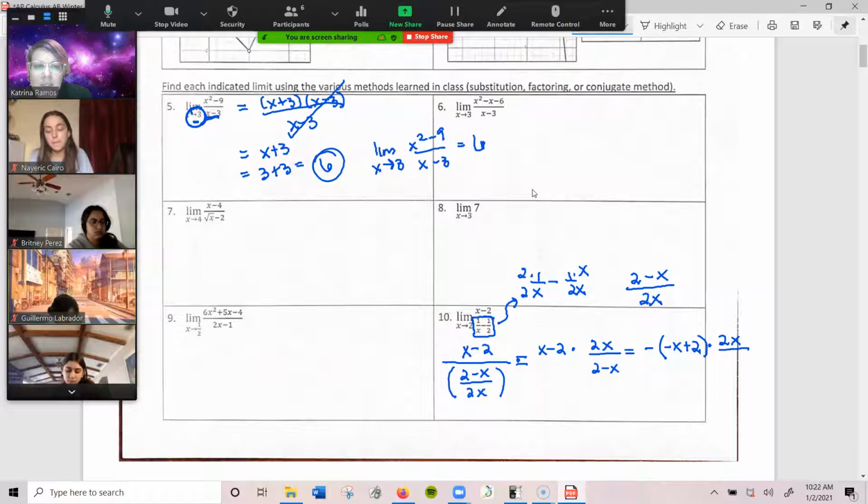So far, does that make sense? Negative x plus 2 is the same thing as 2 minus x, just with the order switched. So I can cancel this with this, and now all I have is negative 2x. Now I can plug in that x is equal to 2. So negative 2 times 2, which is negative 4.